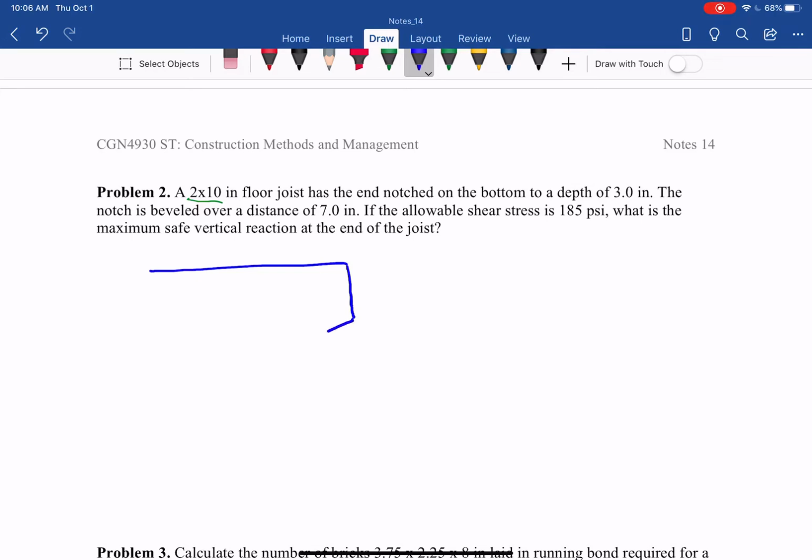So you have that bevel 7 inches, and then it becomes the normal section of that beam. Continuing, for this one they give us the depth from the bottom, 3 inches, as you can see there, and bevel over a distance of 7 inches, so that one here is 7 inches.